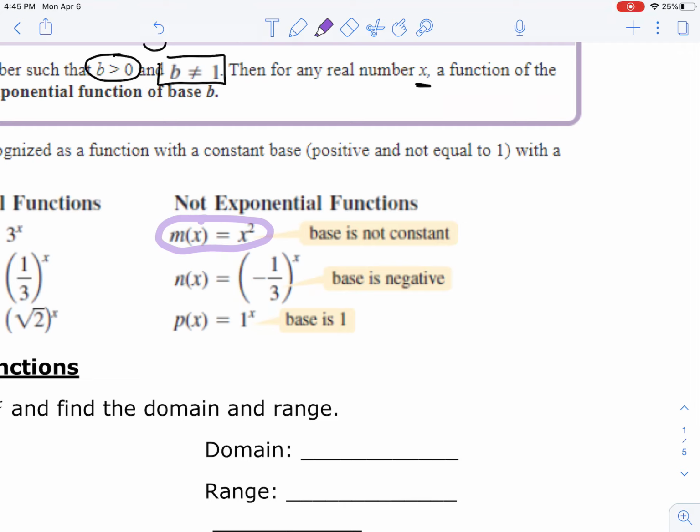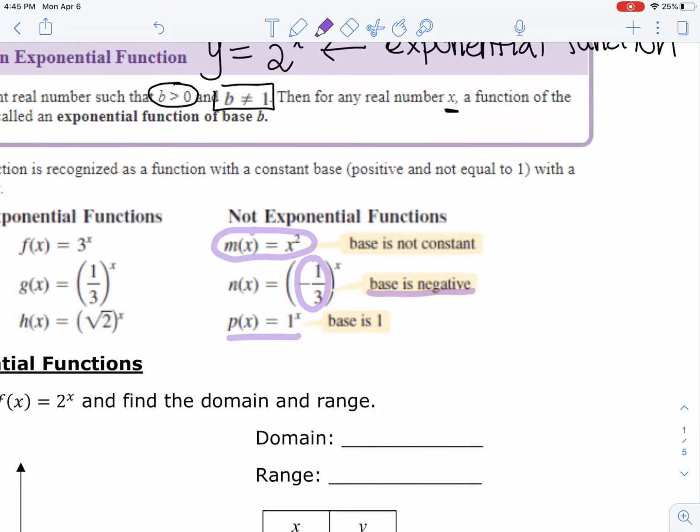Well, this one, m of x equals x squared. The base is not constant, and that's really a quadratic function, right? That is not an exponential function. Look at the second one, n of x equals negative 1/3 to the x power. The base is negative. To be an exponential function, the base has to be positive.